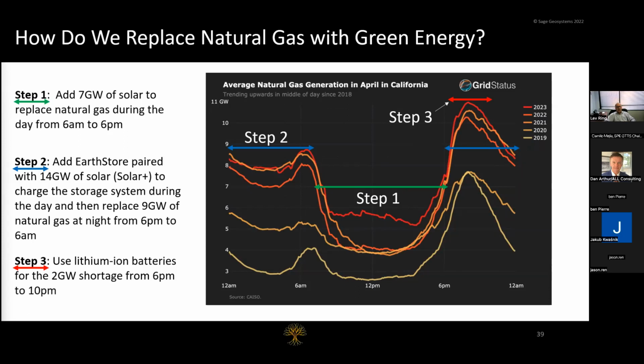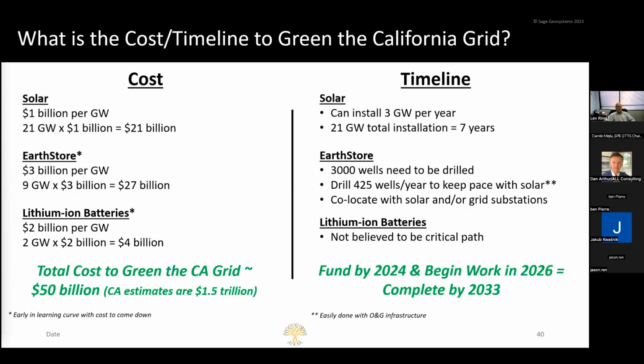And then we'll still use lithium-ion batteries to add 2 gigawatts to compensate for some peaks where short-term geothermal storage becomes inefficient. If you put all the numbers together, suddenly it's a very manageable task, and it takes only 15 billion.